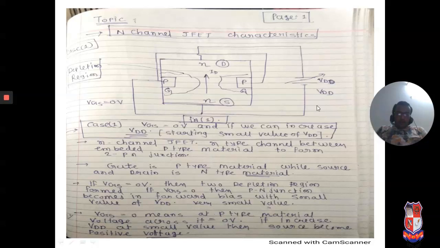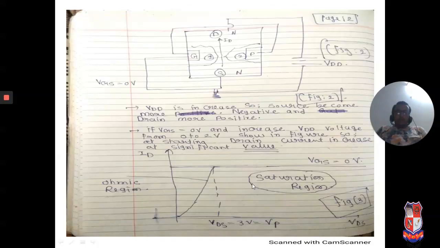In first case, if you increase small VDD, at that time source becomes small negative, but here increase the VDD, then source becomes more negative and drain becomes more positive. See here, this is the polarity of battery. See my position of cursor, plus point and minus point. Due to plus point, if you increase the VDD, obviously voltage is increased at drain terminal.